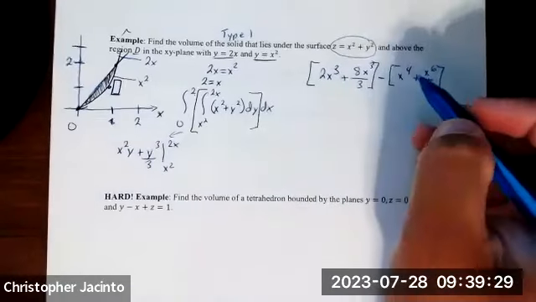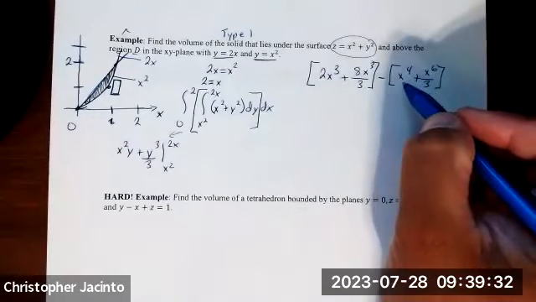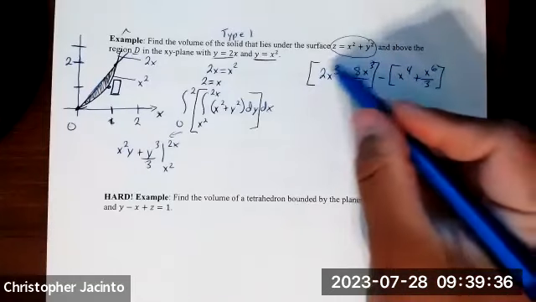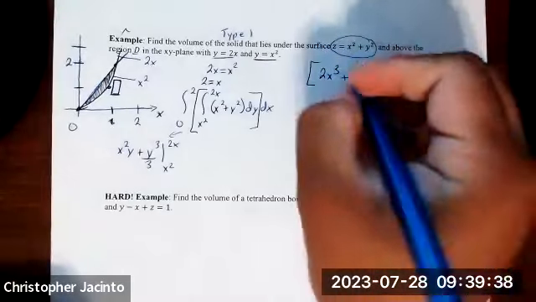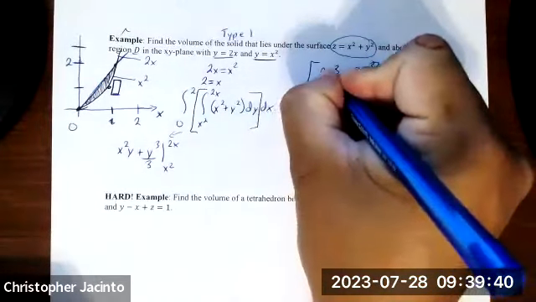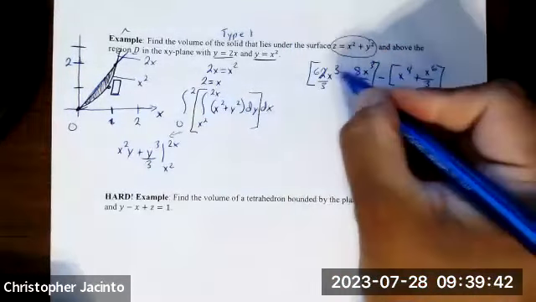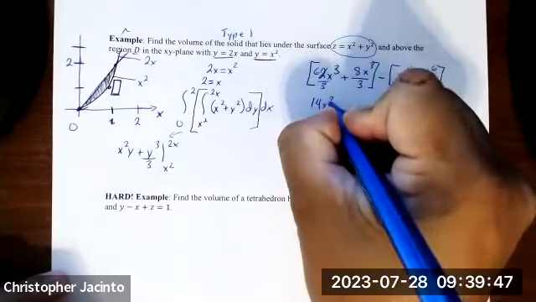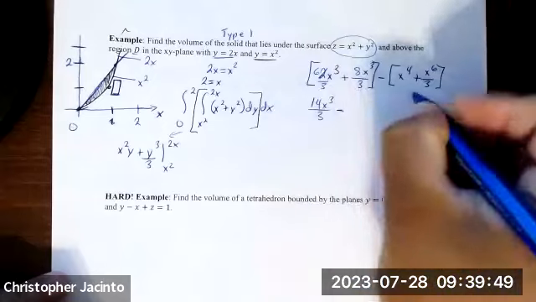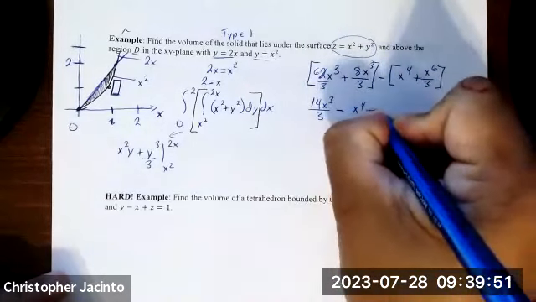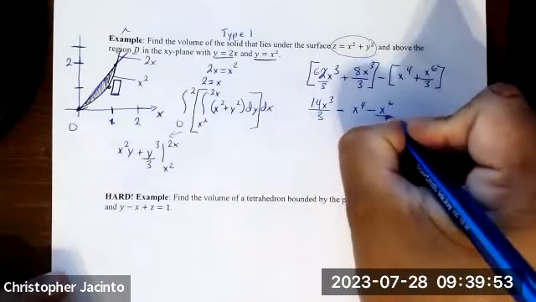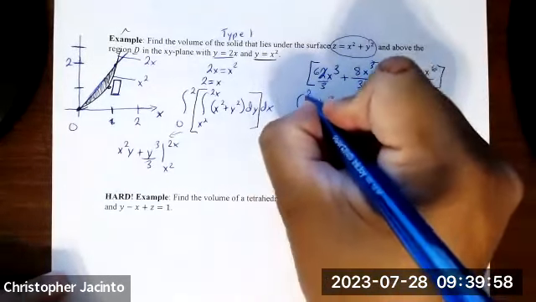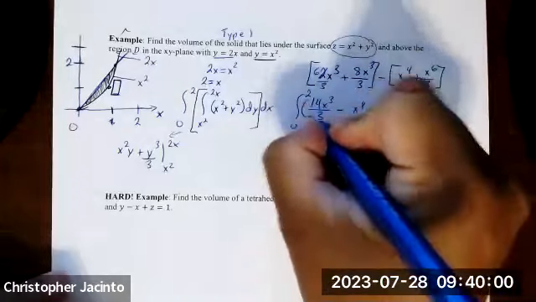So we can put these together. It's a little easier. This is going to be a 3, and this ends up being 6. So that gives you 14. So we have 14x to the third over 3 minus x to the fourth minus x to the 6 over 3, and we take the integral from 0 to 2 dx.